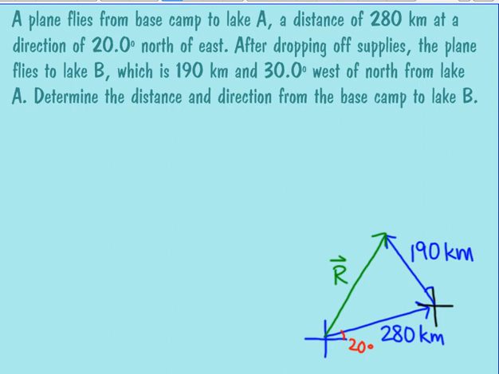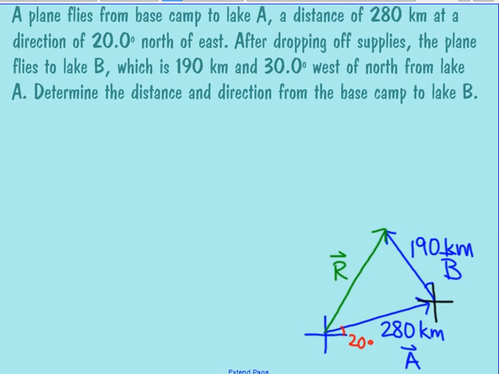Since the first one was going to Lake A, let's just call it A. And the second one, since it was going to Lake B, I'm going to call that one B. You'll also find as you do these problems that it is much more helpful to draw bigger diagrams. Now I know that means that you're wasting a little bit more paper, but trust me, it'll be helpful for the physics.